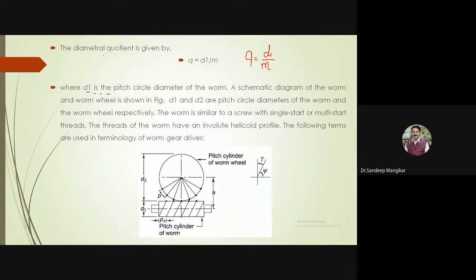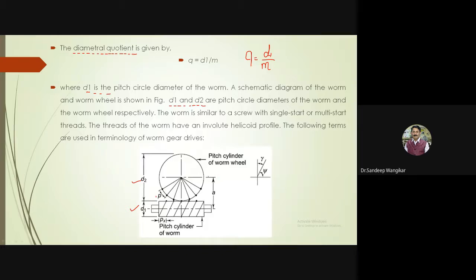So Q is equal to D1 by M. D2 is the pitch circle diameter of the worm wheel. D1 and D2 are the pitch circle diameters of worm and worm wheel as shown in the figure. Px is the axial pitch for the worm, and P is the circular pitch for the worm wheel.